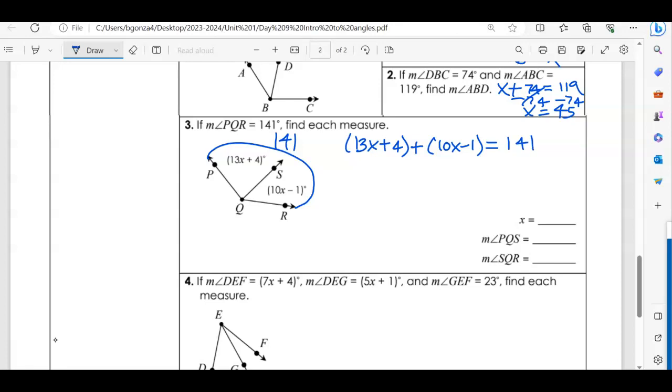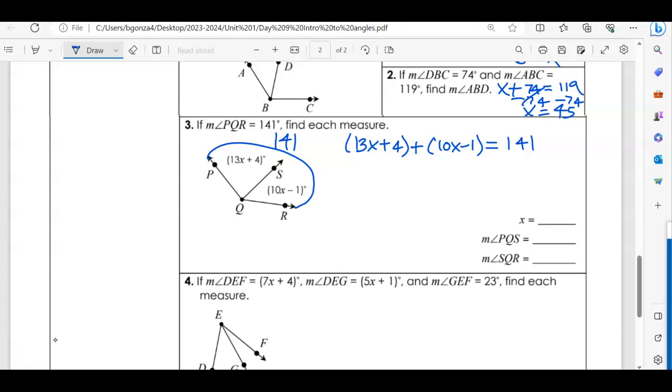Could you have set that up? Could you have added part plus other part equals whole thing? You have to be able to do that. Next part, can you solve it? What do I do when I have those two x's on the same side of the equation? Do I combine them or get rid of one? Combine them, right?